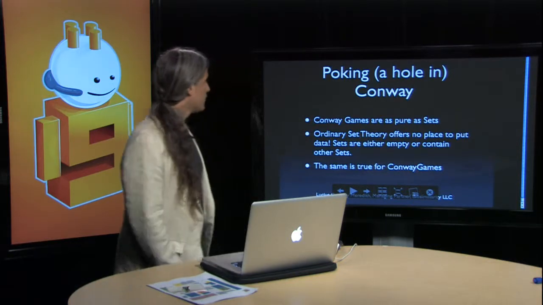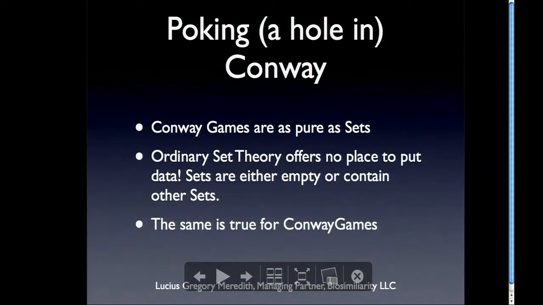Okay, now Conway games are pure. So if you looked at our definition, they contain nothing else other than Conway games. Either it's the empty game, or if it has other things in it, it has Conway games. Nothing else. And that's just like ordinary set theory.